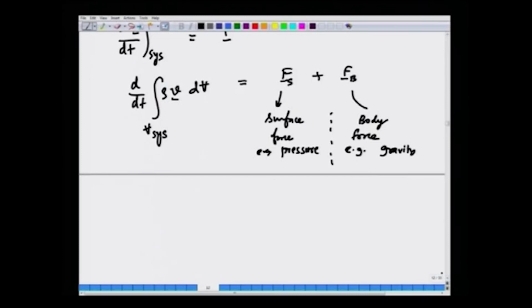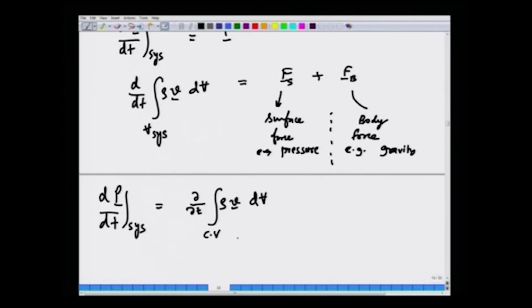Okay. So, we now use the Reynolds transport theorem to write dP/dt of the system to be d/dt over the control volume of rho V dV. This is the rate of change of momentum present in the control volume.